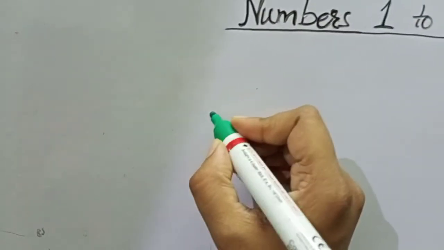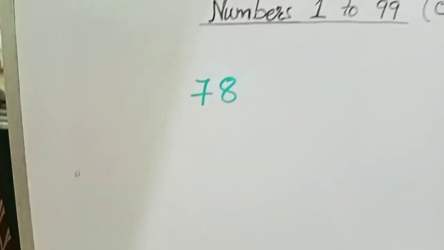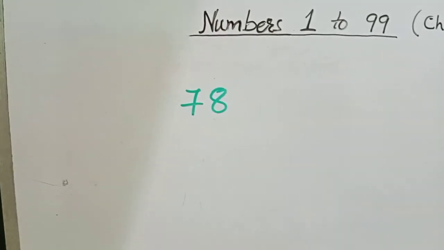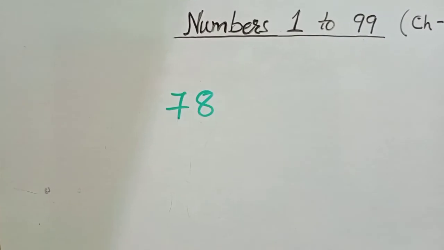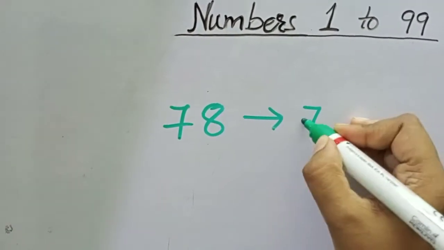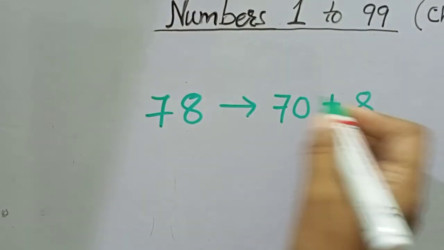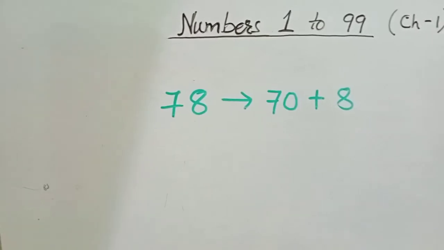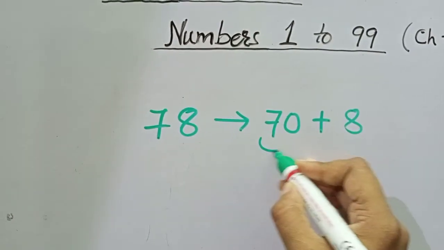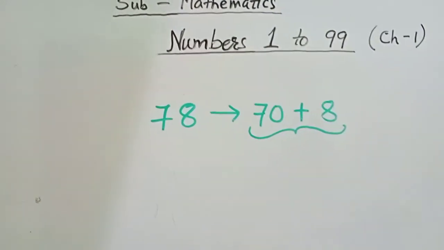Now suppose I take a number 78, right? In this number 78, if I want to write this in expanded form, how do I write it? This will be 70 plus 8, which adds up to 78. So 70 plus 8 is the expanded form of 78.